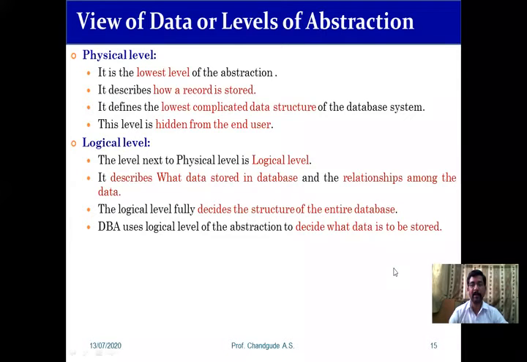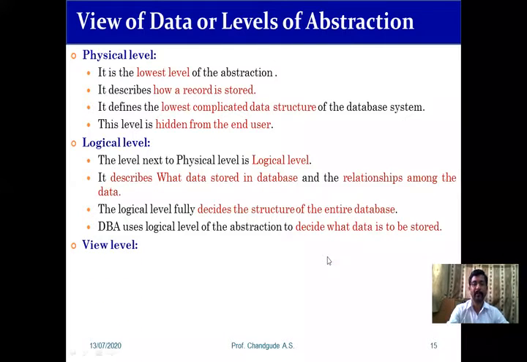Though your hard disk has a combined capacity of 1 TB 500 GB, you make logical partitions of that hard drive, splitting the entire storage into different drives, like C drive, D drive, E drive. This is the logical partition of your actual, physical space available in your system. Similarly, the logical level of abstraction exists.